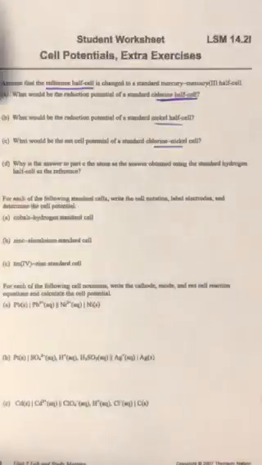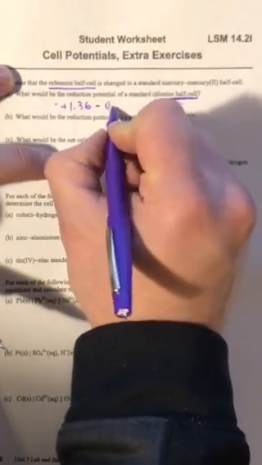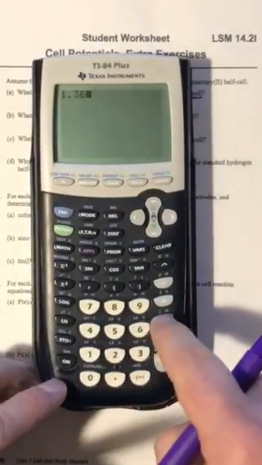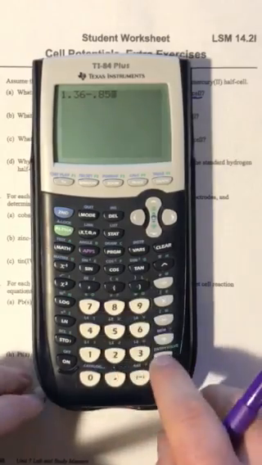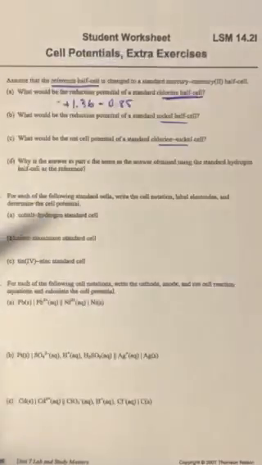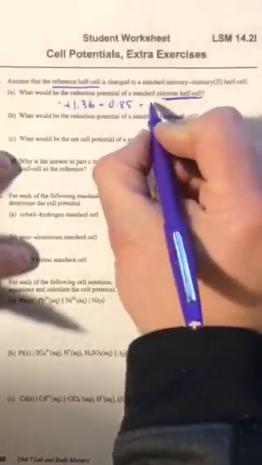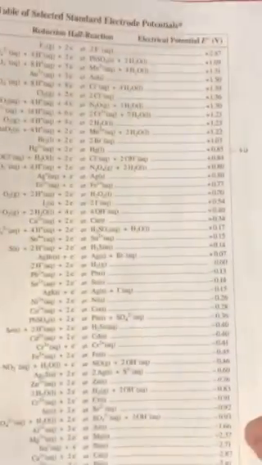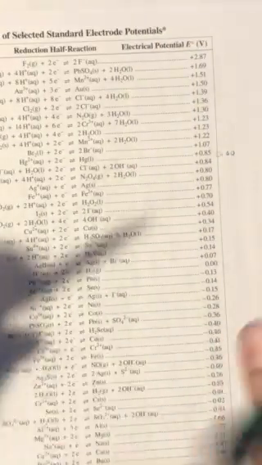So what we would do there is take our plus 1.36 and subtract 0.85. On my calculator, 1.36 minus 0.85 gives us 0.51 volts.